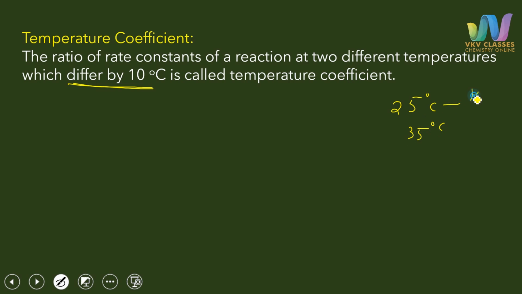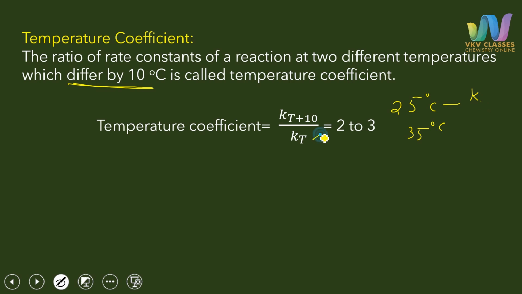You find out the K values, and the ratio of these K values at T and T plus 10 is called the temperature coefficient, and usually has a value between 2 to 3. That is, for every 10 degree increase in temperature, rate is almost getting doubled, right?